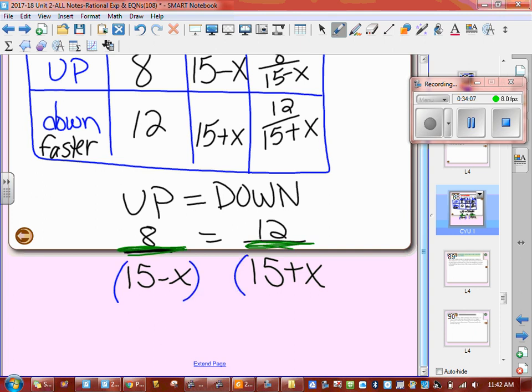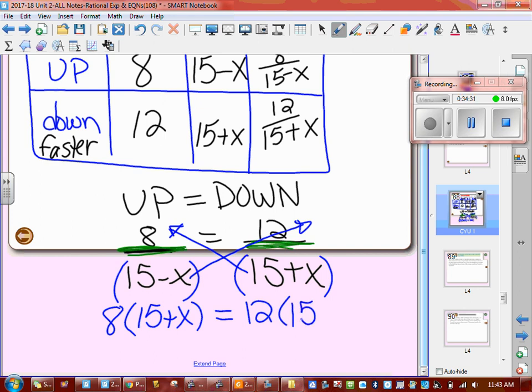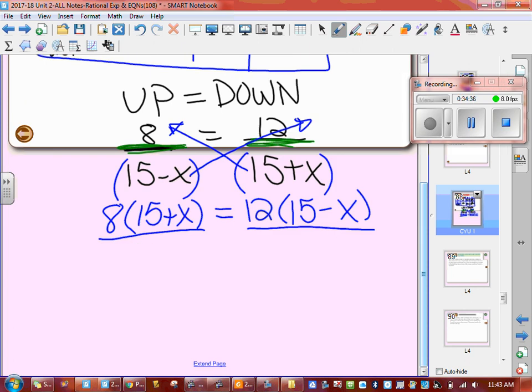So we're going to have 8 times 15 plus x equals 12 times 15 minus x, all on top of our common denominator, which is 15 plus x, 15 minus x.